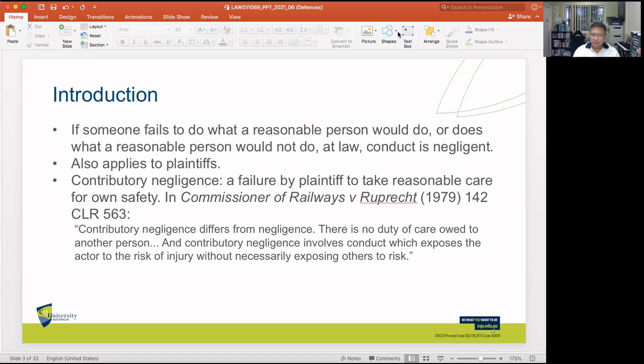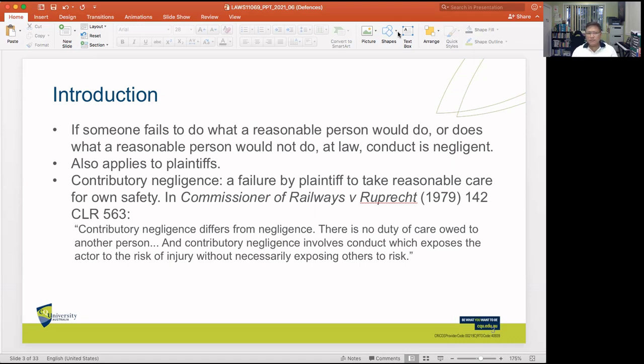Because if the plaintiff suffers harm or injury as a result of his own negligence, and that particular negligence is coexistent with the negligent actions or omissions of a defendant, then there is scope for the application of contributory negligence.